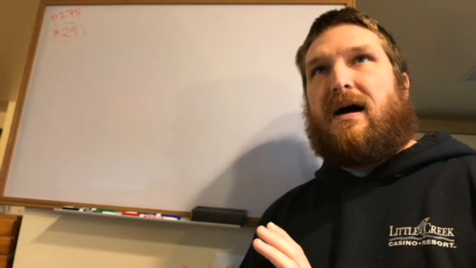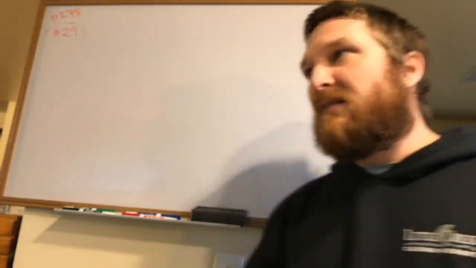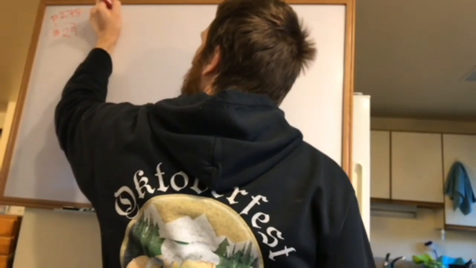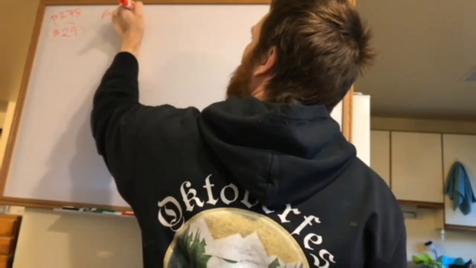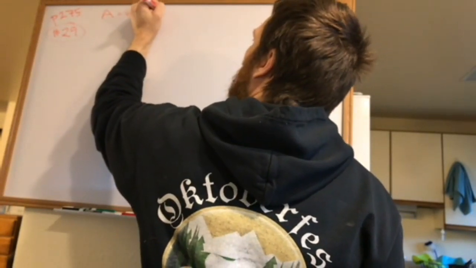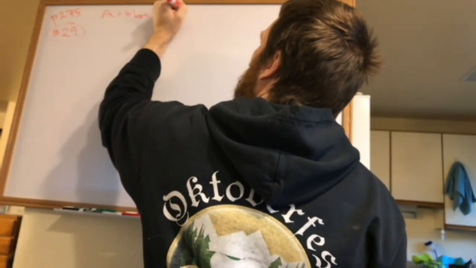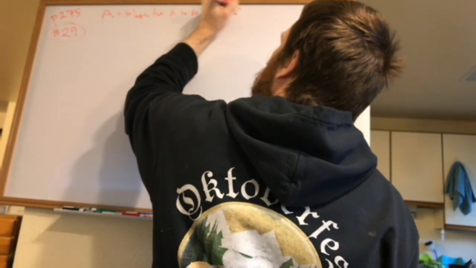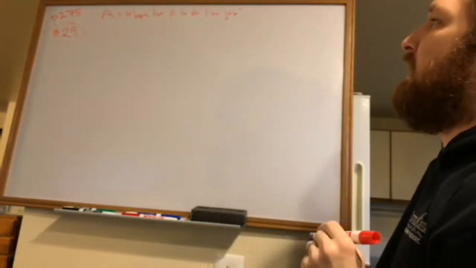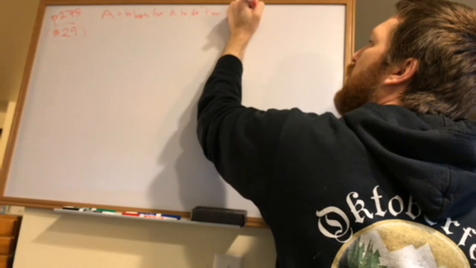First off, I'm going to go ahead and say, well, that's convenient that they're named A, B, and C. So I'm going to say, let A equal the number of hours for truck A to do the job. And this is to do the job alone, right?